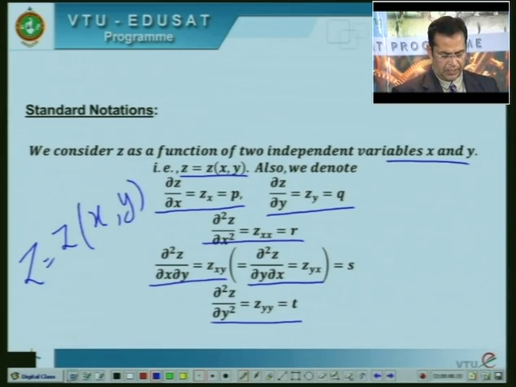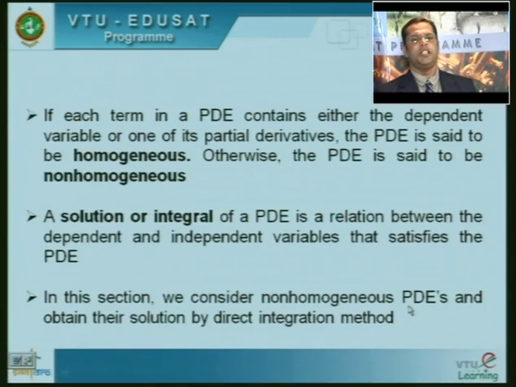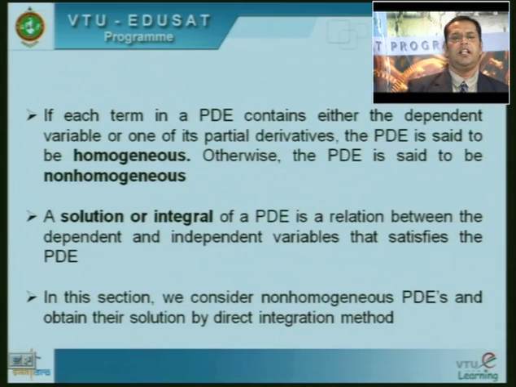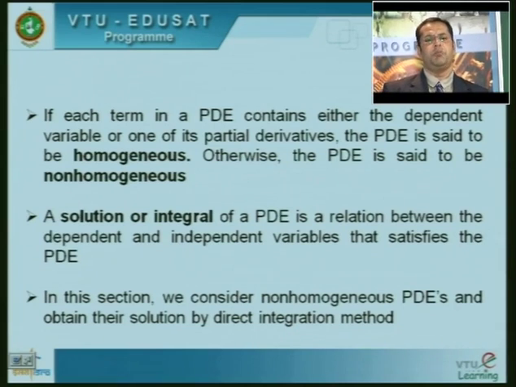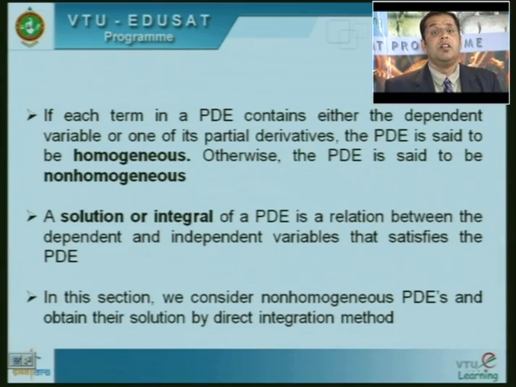Now, in today's session, we will be solving non-homogeneous PDEs by the method of direct integration. Before we go into the actual problems, let us first see what is meant by a non-homogeneous PDE.